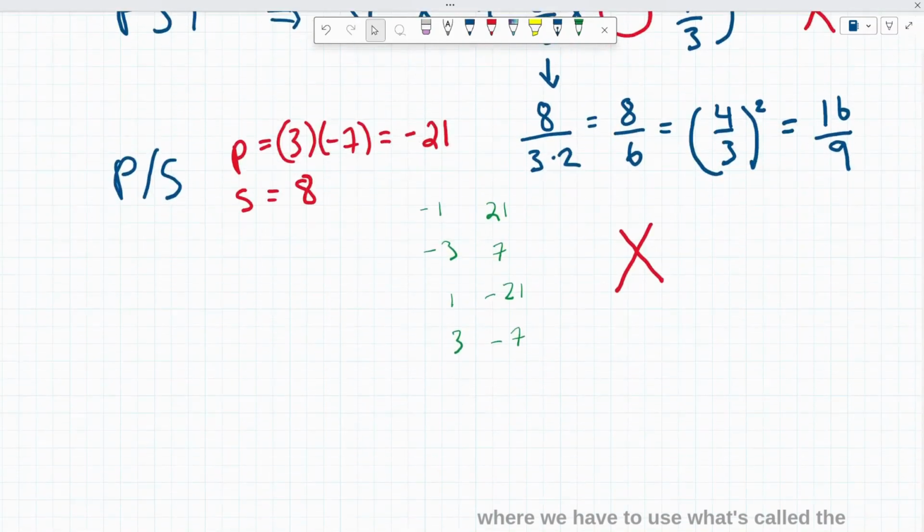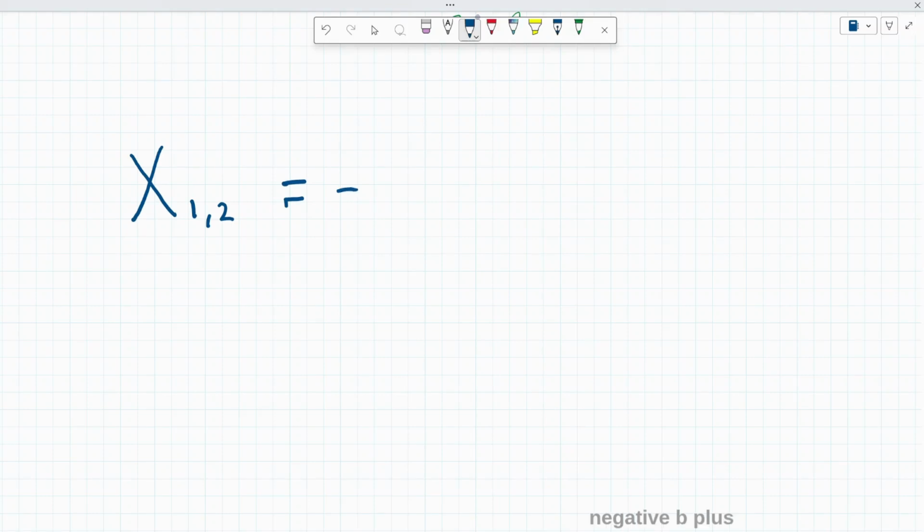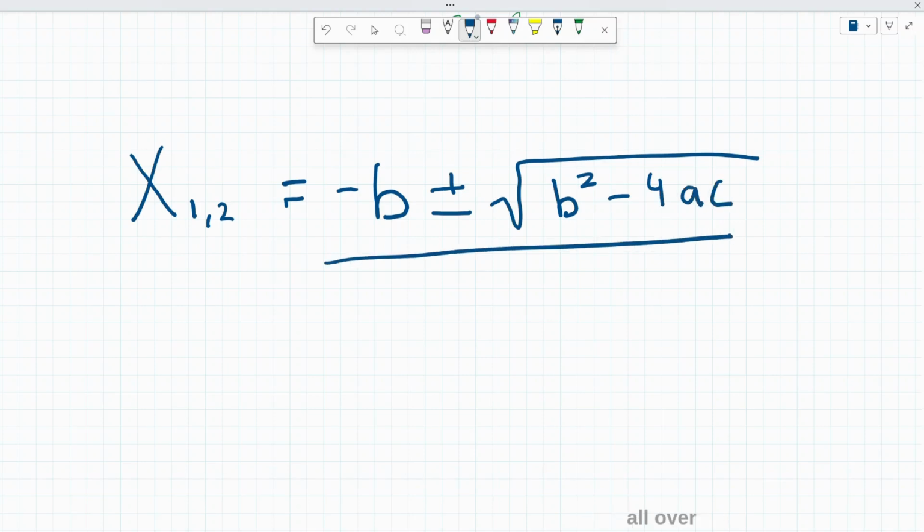This is where we have to use what's called the quadratic formula. So this is the equation for the formula. So x, 1 and 2, so your 2 x values equal negative b plus or minus the square root of b squared minus 4 times a times c, all over 2a. Now let's plug in the numbers from our equation into this.